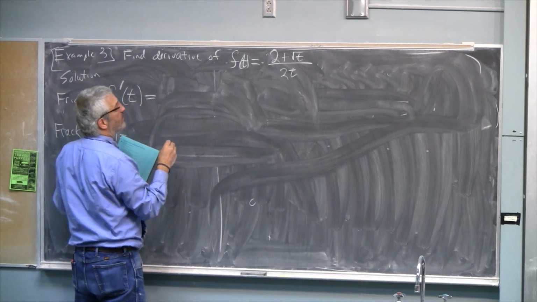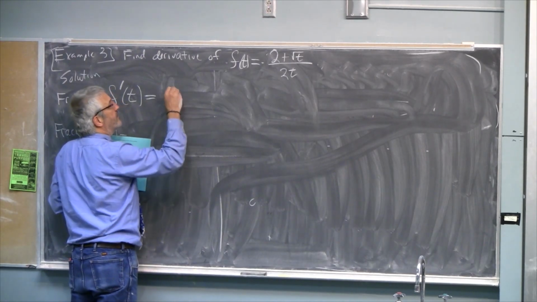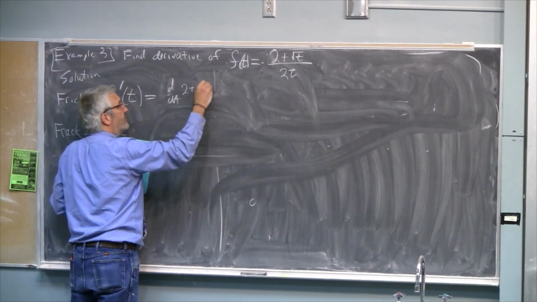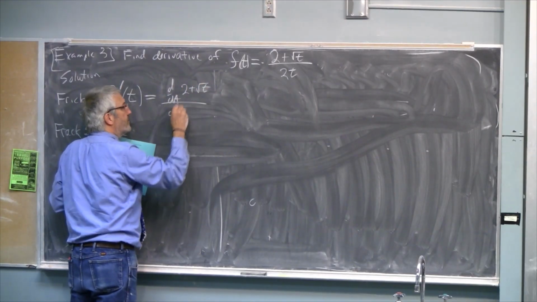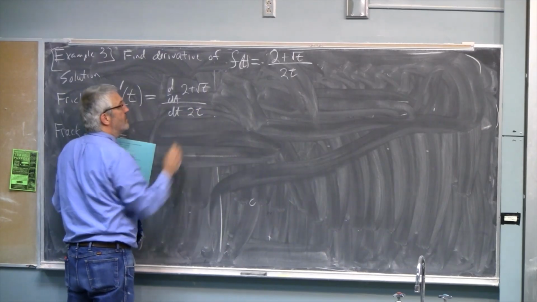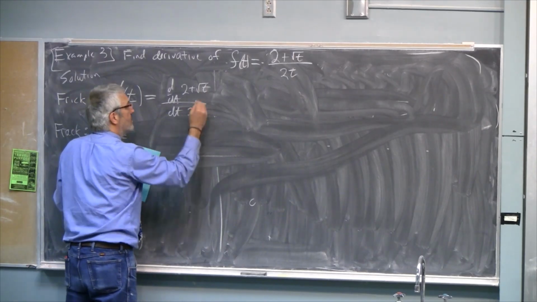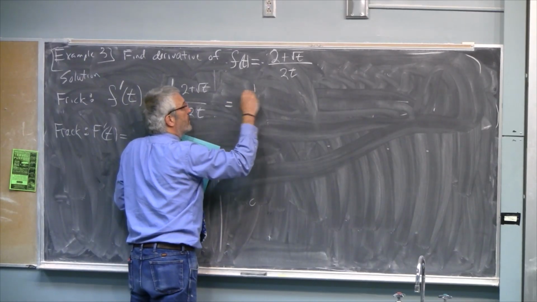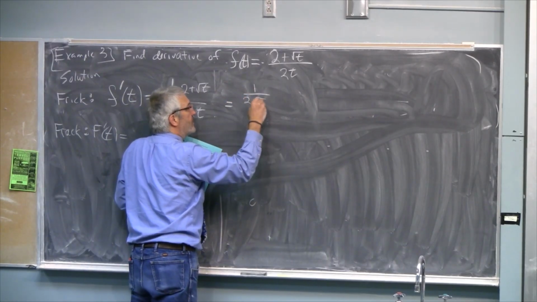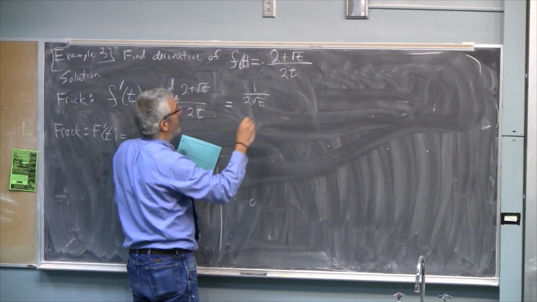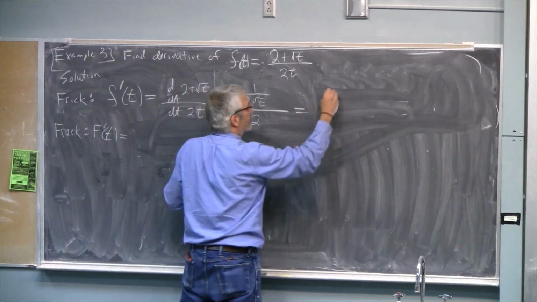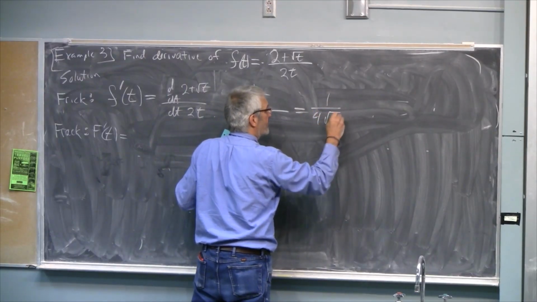So f prime, according to Frick, is the derivative of 2 plus the square root of t divided by the derivative of 2t. And so then Frick gets 1 over 2 square root of t, because of that calculation we did a while ago, divided by the number 2, so that's 1 over 4 square root of t.